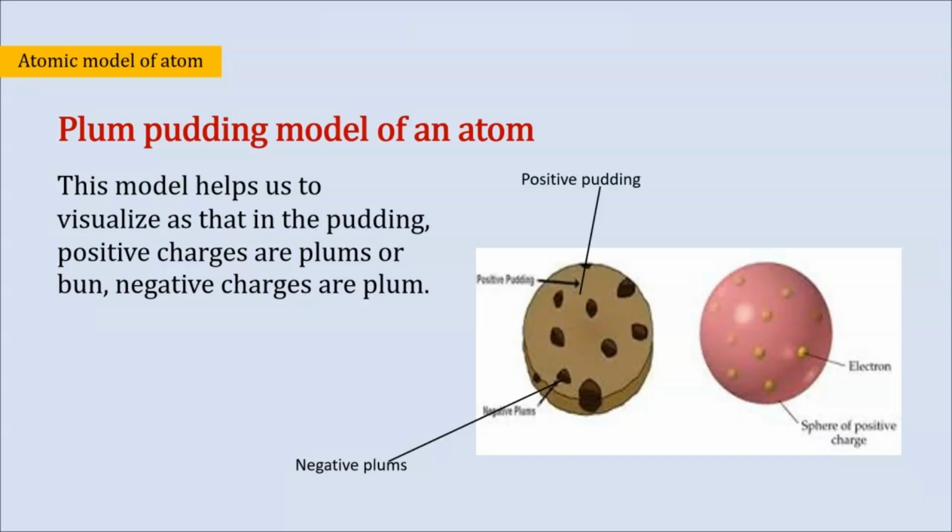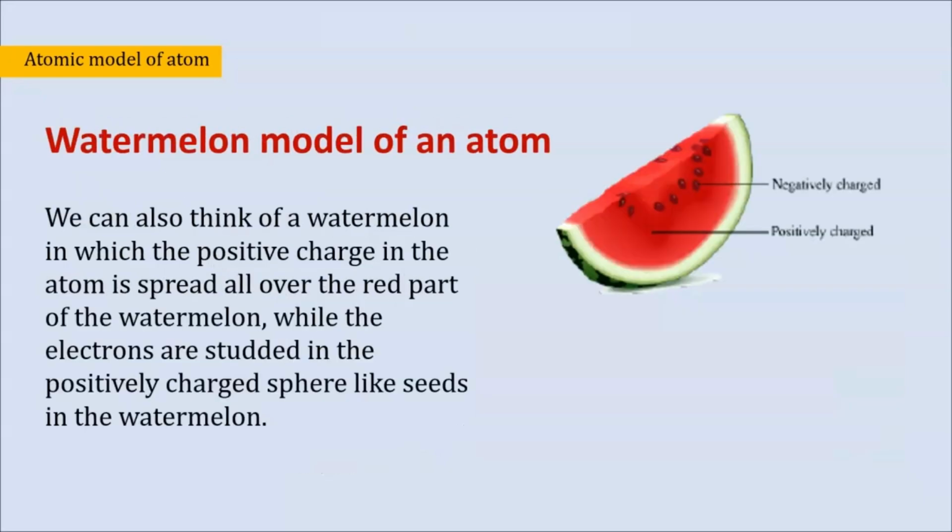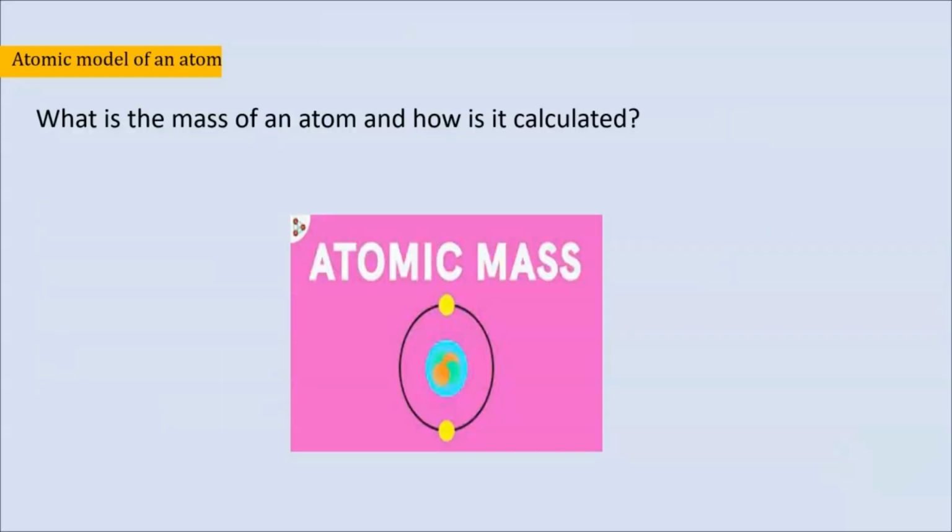In the pudding the positive charges, and the plums or buns are the negative charges, right? We can also compare it with the watermelon, in which the positive charge in the atom is spread all over the parts, while the electrons are studded in the positively charged sphere like seeds. So that is the reason we call the Thomson model the watermelon model as well.